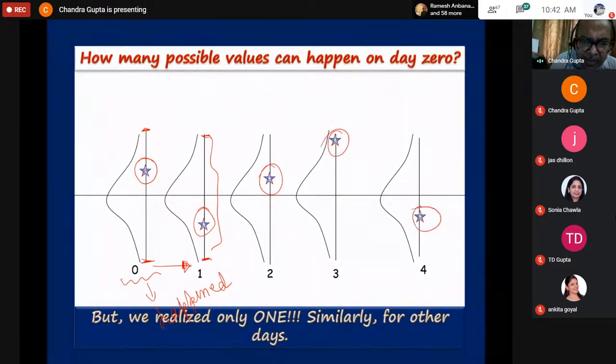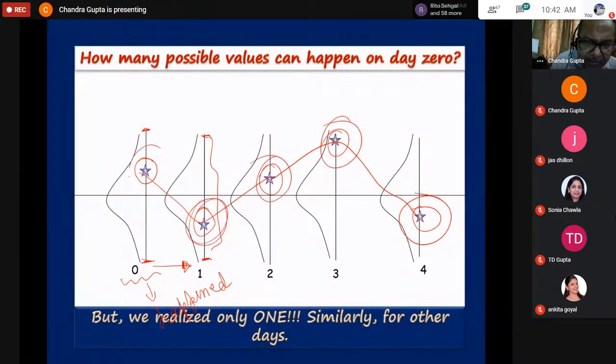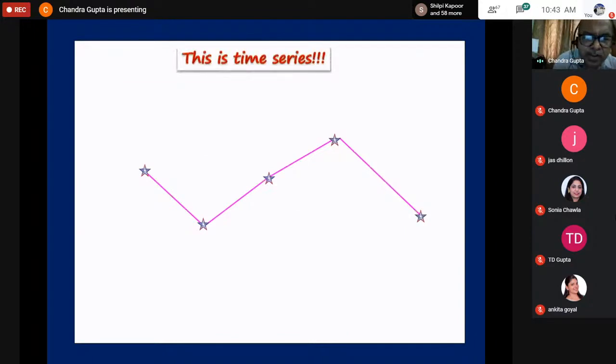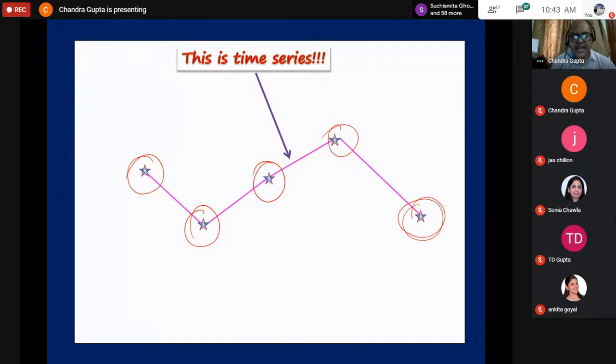If you combine them, if you take the set of these values, that is what is called a time series. Please understand that. This is your time series. When you take the observed values of a random process and put them together, that's how we understand a time series. And this is called a realization of a stochastic process.